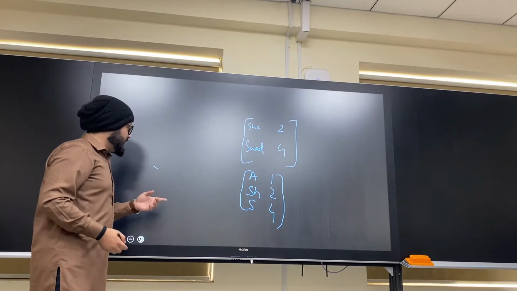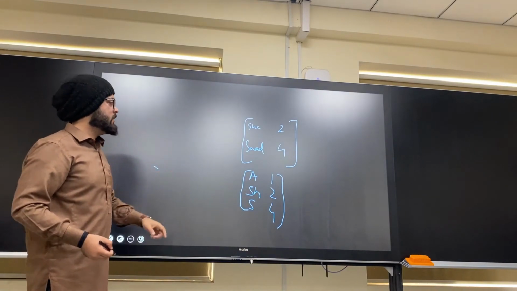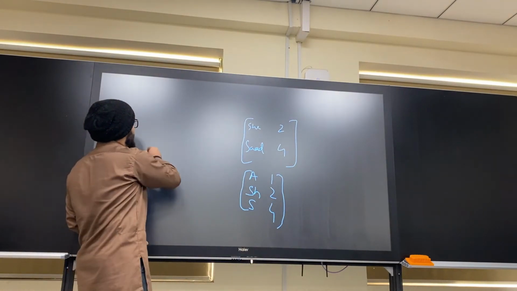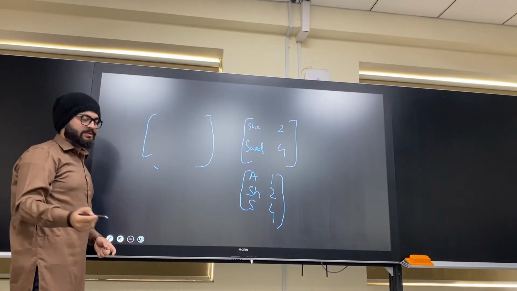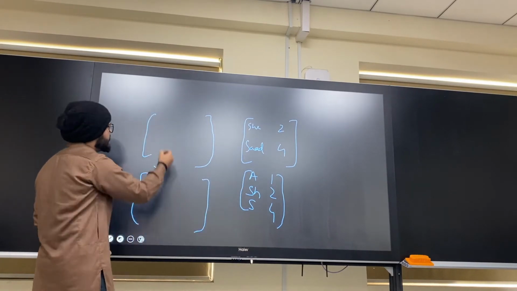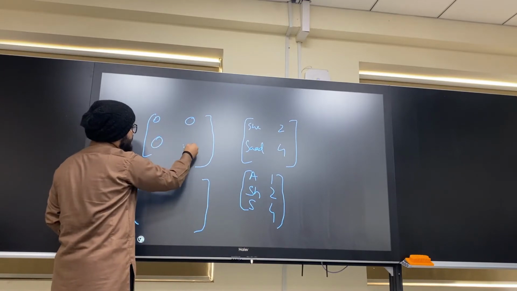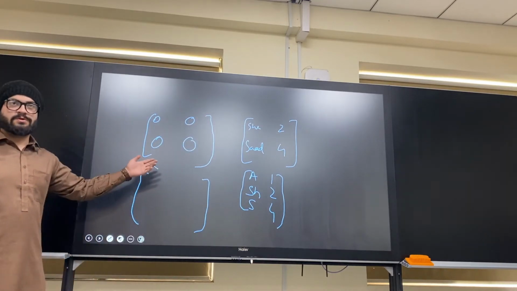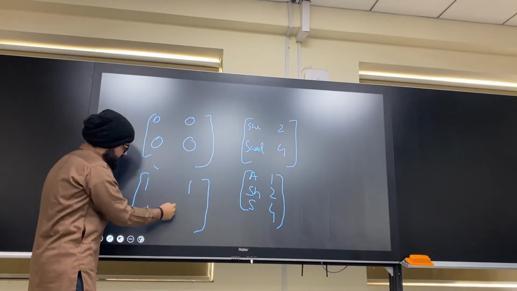Now the other types of matrix were the zero matrix and the matrix of ones. A zero matrix is a matrix which contains all 0, and a matrix of 1 is one which contains all ones.